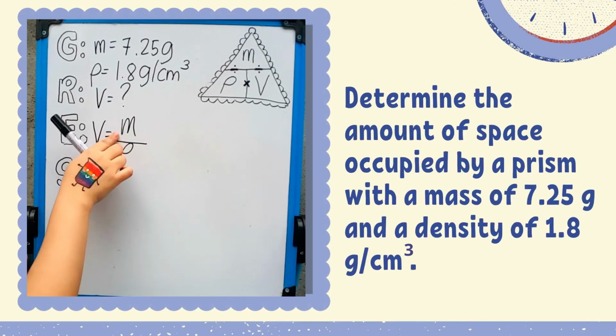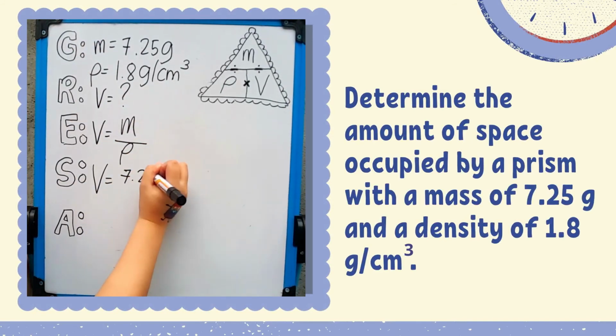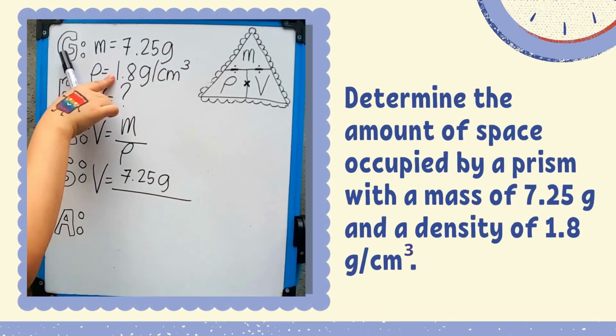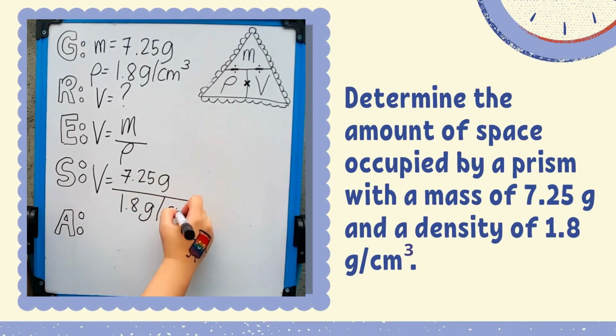For the solution, volume is equal to the value of mass, which is 7.25 grams, divided by 1.8 grams per centimeter cubed, which is the value of density.